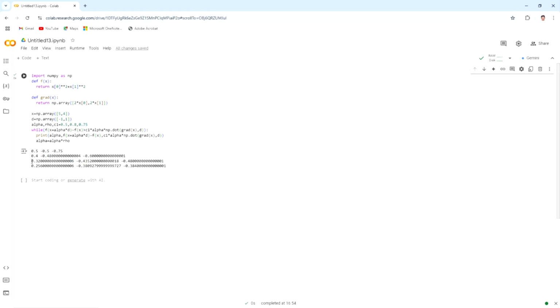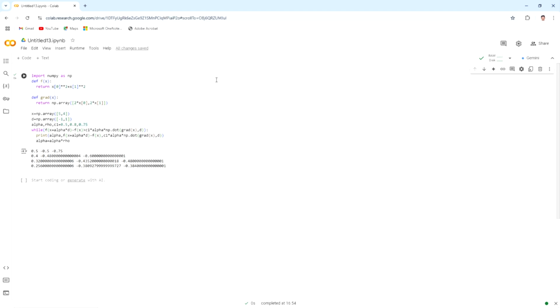Now, you shrink it to 0.32 and the left hand side of the inequality is minus 0.4352, right hand side is minus 0.48, again the condition is not satisfied. Then you again shrink it to 0.256 and the left hand side is minus 0.38029 and the right hand side is minus 0.384. So, here Armijo's condition is satisfied. So, we stop at alpha equal to 0.256.